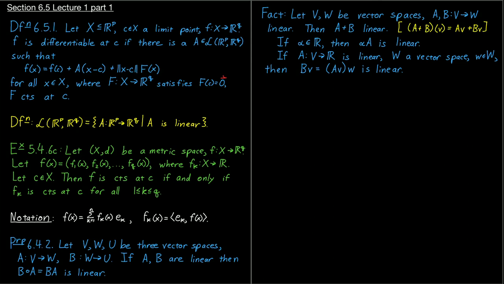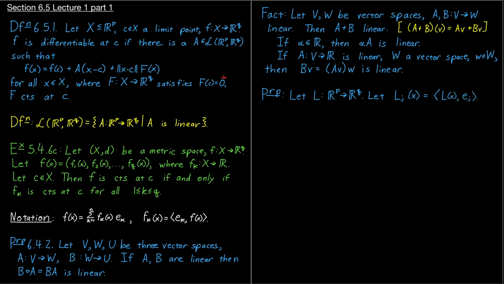Now let's prove a proposition about linear functions that's analogous to example 5.4.6. Let's let L be a function going from Rp to Rq, and let Lj of x be the inner product of L of x with e sub j.